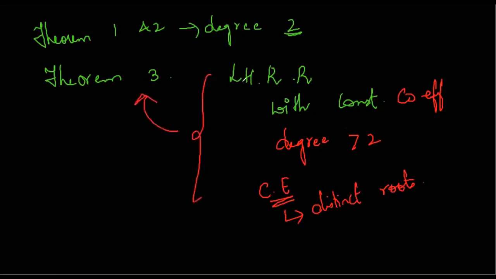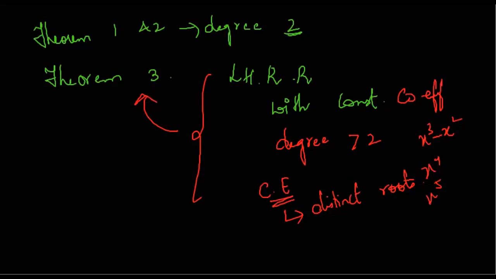So when we have equations like x cube minus x square and so on, or x power 4 or x power 5, wherever the degree is greater than 2, and the equation also has distinct roots, in that case we will be using theorem 3.